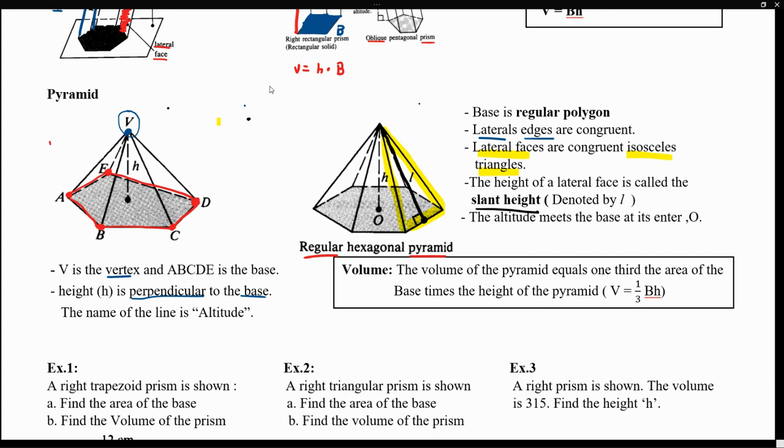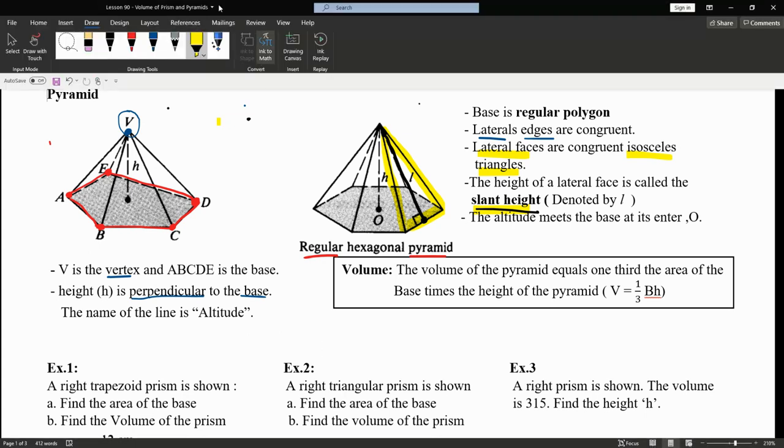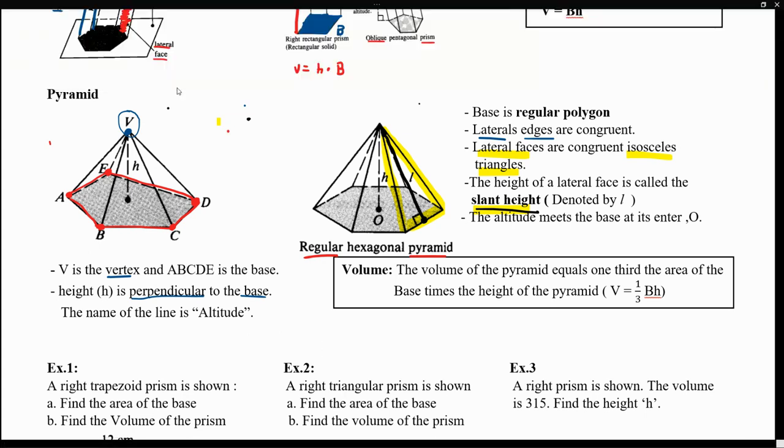So this is very important. This is something that students get confused about. When we talk about the height of the pyramid, we're not just talking about the length of the height of the side of the pyramid. That's what we refer to as the slant height of the pyramid. Because remember that in order for us to measure the height of the actual pyramid, we need to use a perpendicular line.